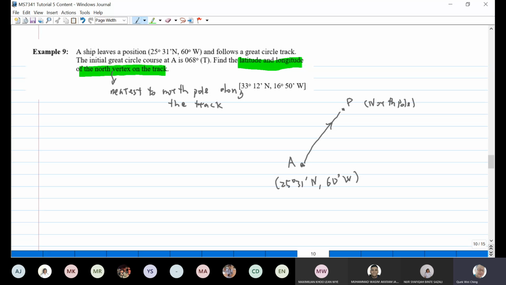So the initial course is 68 degrees. That means the ship is actually moving in this direction, 68 degrees, to somewhere.